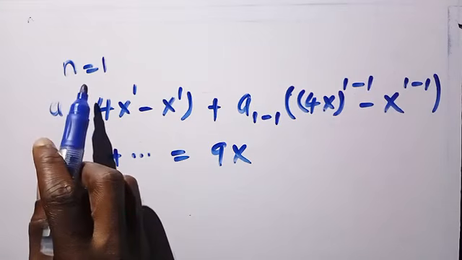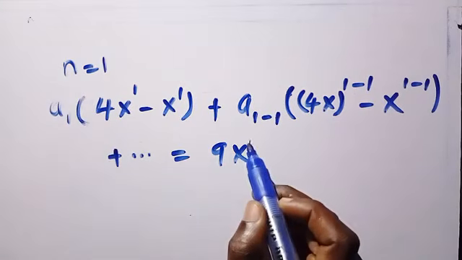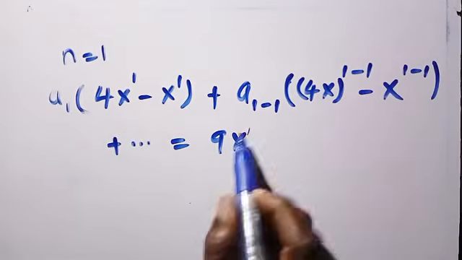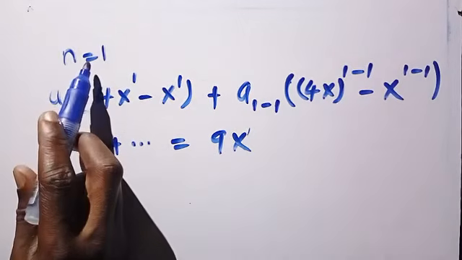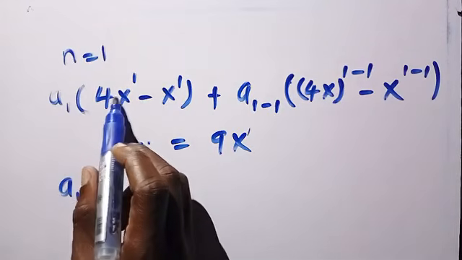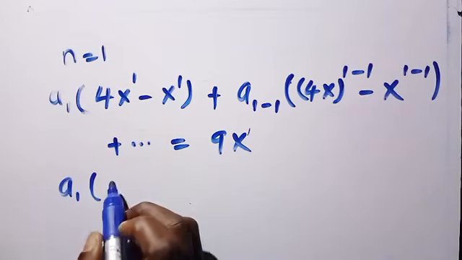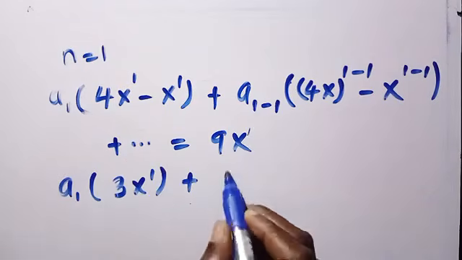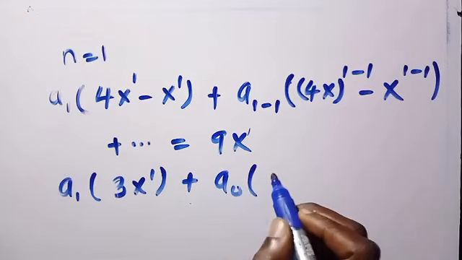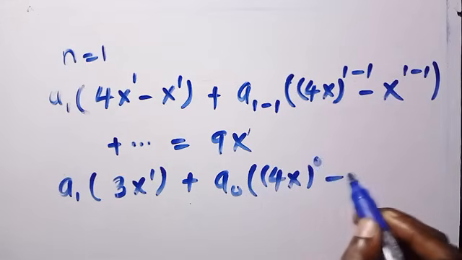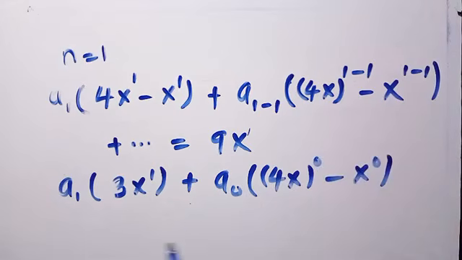I choose n equals 1 because the power of this is 1, which shows it is linear. Suppose the power of this is 2, I'm going to start my n from 2. So here is a1 into bracket of 4x raised to power 1 minus x raised to power 1. This gives us 3x raised to power 1 plus here is a0 into bracket of 4x all raised to power 0 minus x raised to power 0, then equals 9x.